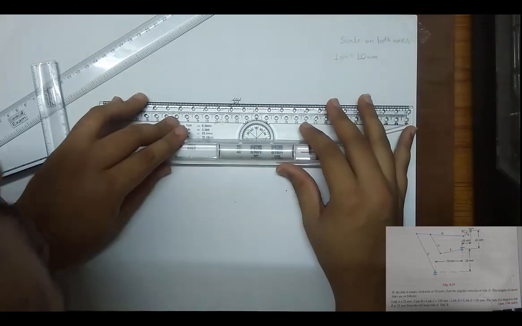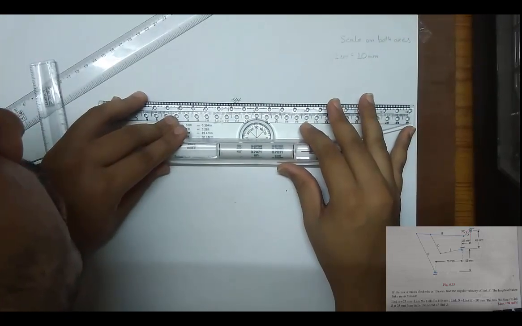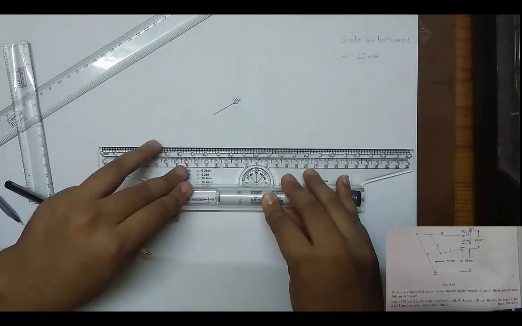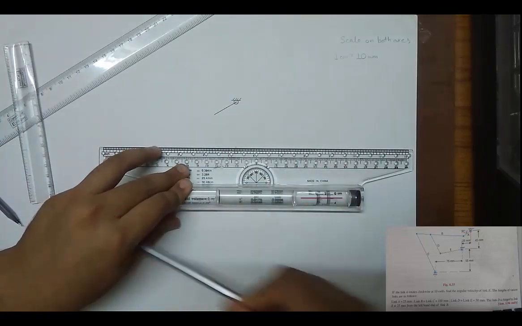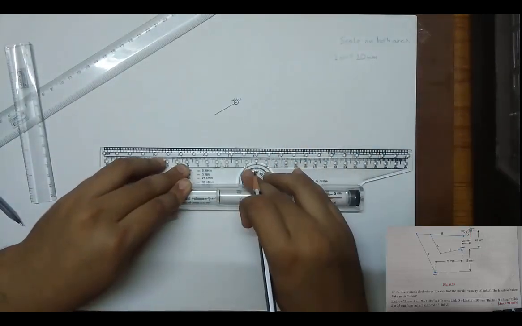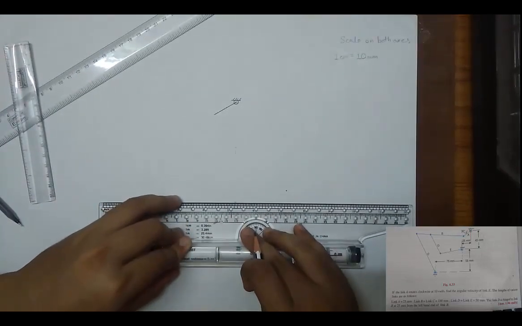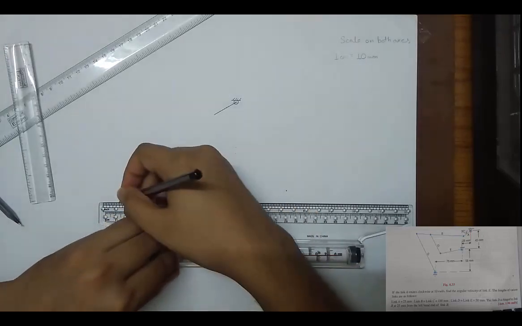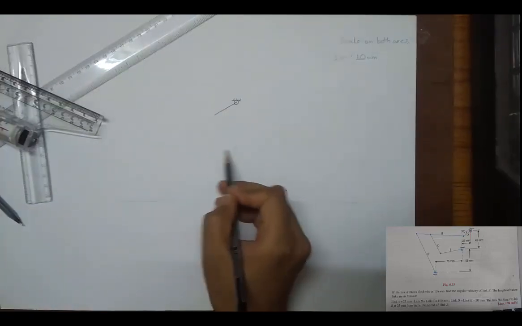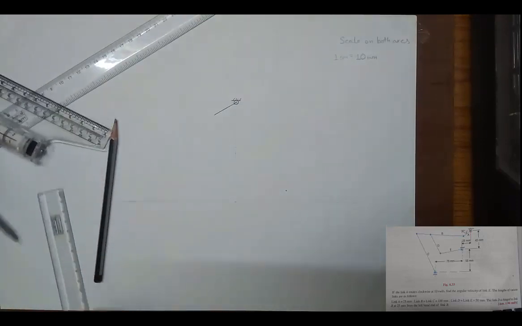Take this parallel to this, move downwards to this point, make a horizontal line temporarily. I will mark it with a pen, just a minute. So let me draw these horizontal lines. From here it is at 25 mm.